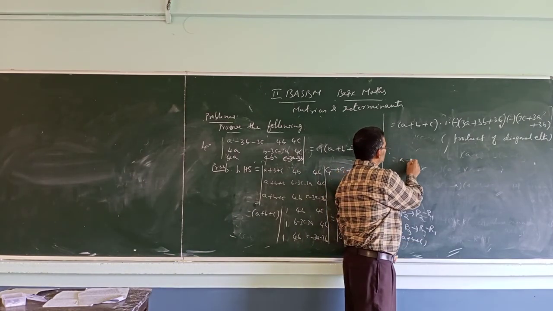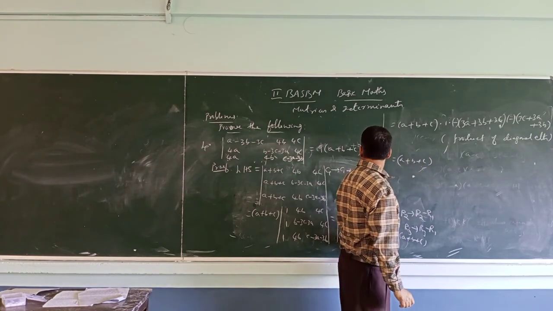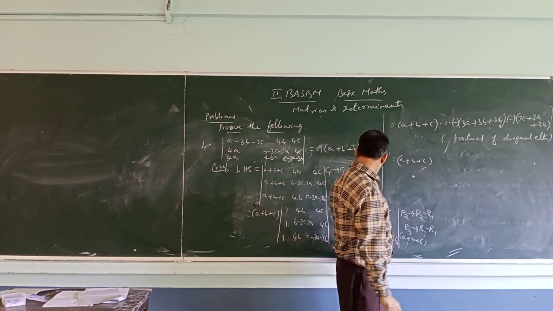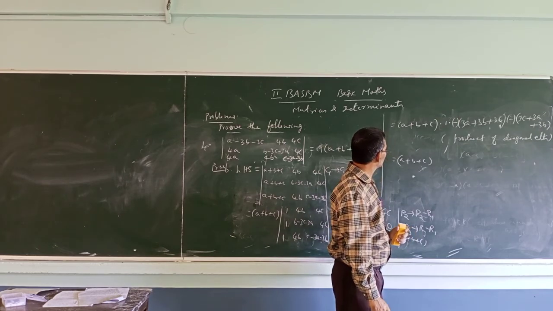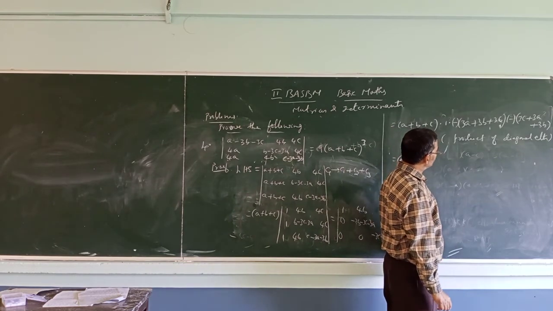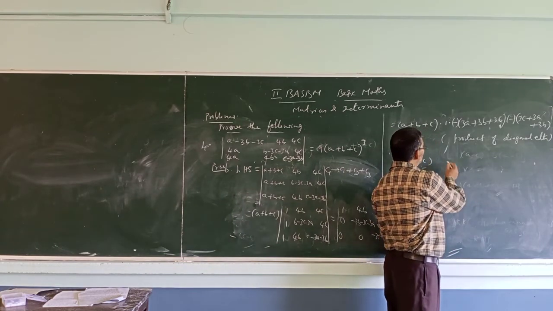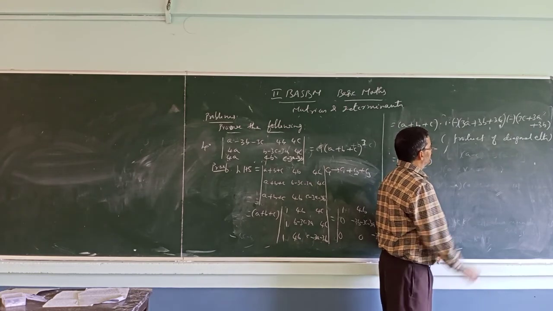So what is this? Equal to A plus B plus C into, okay, now here 3A plus 3B plus 3C. There itself I can take 3 outside everywhere.